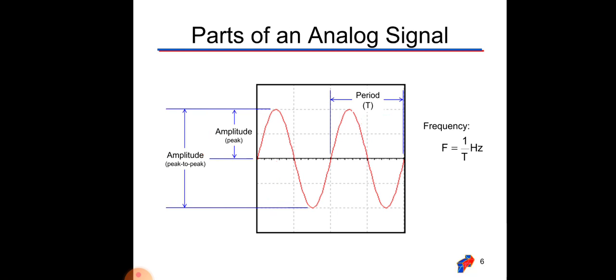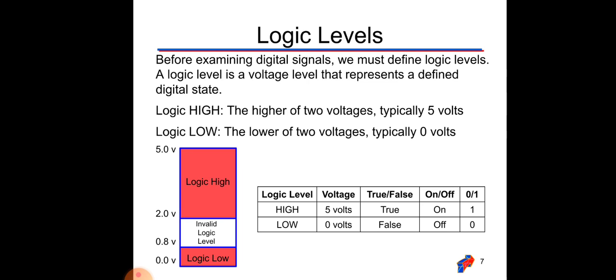Now we will move ahead with the digital signal, but before going towards the digital signal we should know how we put the values in the form of ones and zeros. So before examining digital signal we must define logic levels. A logic level is a voltage level that represents a defined digital state. Logic high, the higher of two voltages, typically 5 volts.